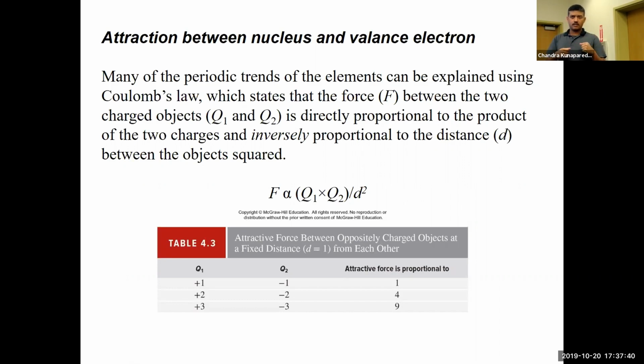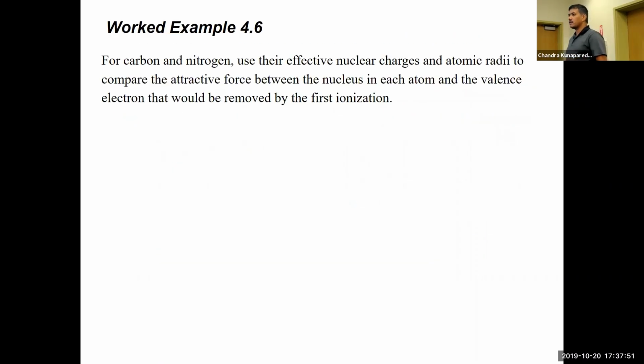You're going to use the Z effective as its charge and the valence electron's charge. The electron has negative charge. Here we are going to calculate it for both carbon and nitrogen. To do that, you need to know the atomic radius of both carbon and nitrogen and their current Z effective charges. So I'm going to show you the solution in a bit.